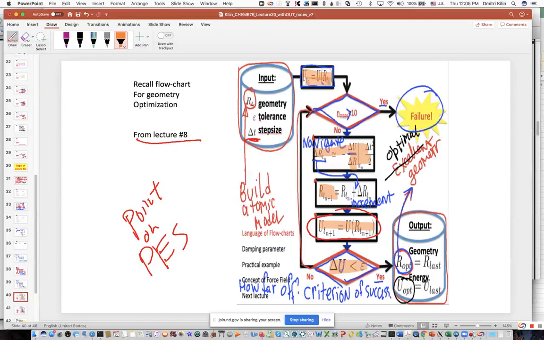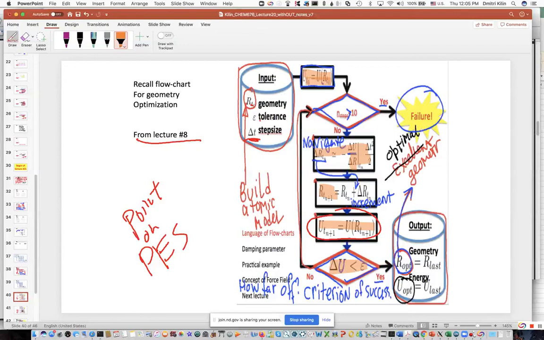If it is yes, then the geometry is optimized. If it is no, then one goes to the next iteration. Do you remember it? Good. Now, in this algorithm, we did use capital U as a function of capital R, right? Potential energy as a function of the positions of ions.